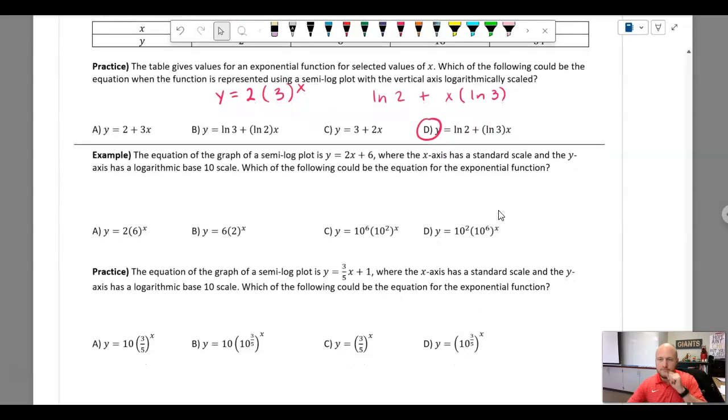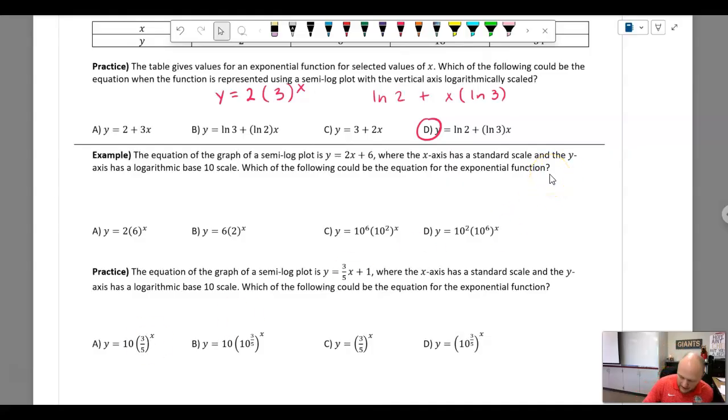Okay, the equation of the graph of a semi-log plot is y equals 2x plus 6, where the x-axis has a standard scale and the y-axis has a logarithmic base 10 scale. Which of the following could be the equation for the exponential function?